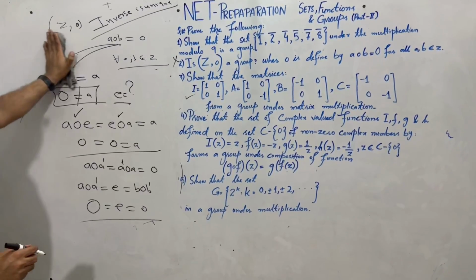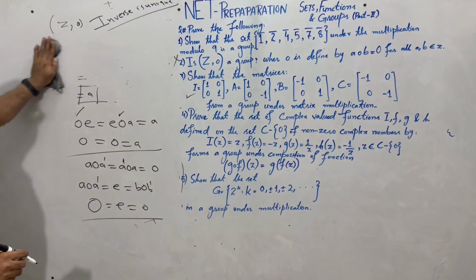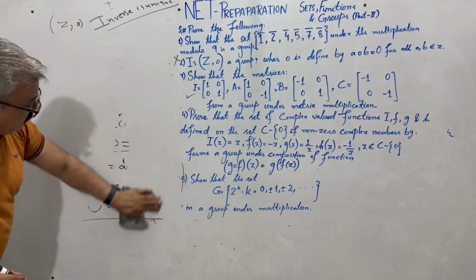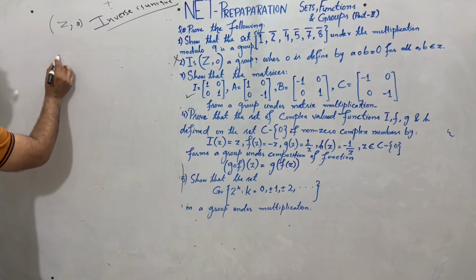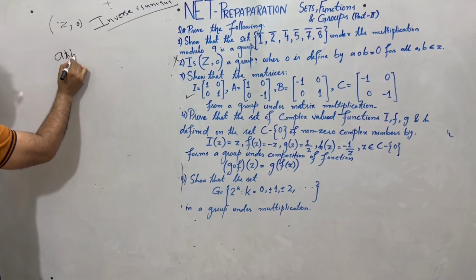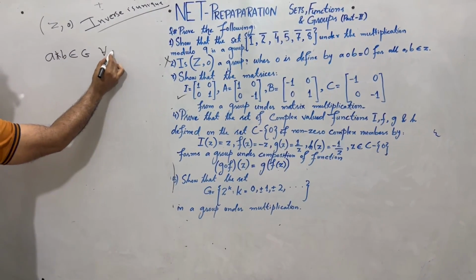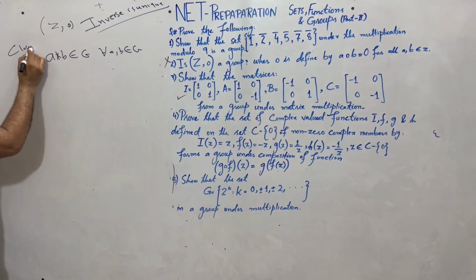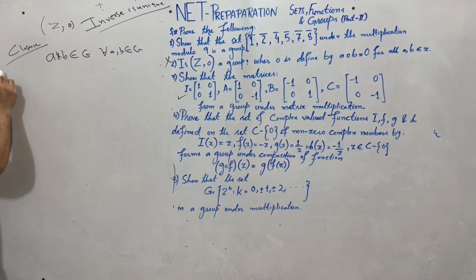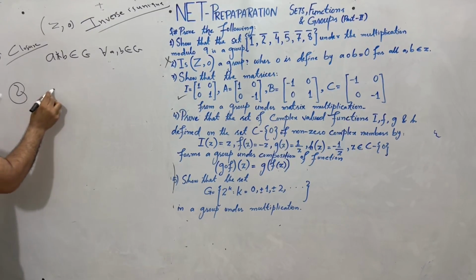To prove a group, we have to apply four conditions. Always stick to them and work within those parameters. Number one: a star b belongs to G for all a, b belonging to G. This is known as the closure property. Some writers call it binary operation. Number two, the associative property.